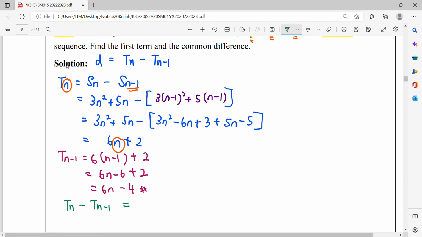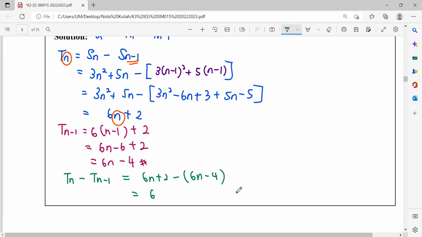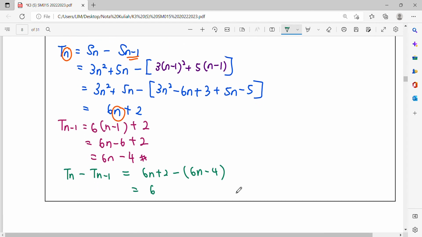So Tn, 6n plus 2, minus Tn minus 1, 6n minus 4. We notice that the 6n is cancelled off, and the negative 4 becomes positive, so we get 6, a constant. It's a number, not an unknown. So when we get 6 as a constant here, it means that this sequence is an arithmetic sequence.